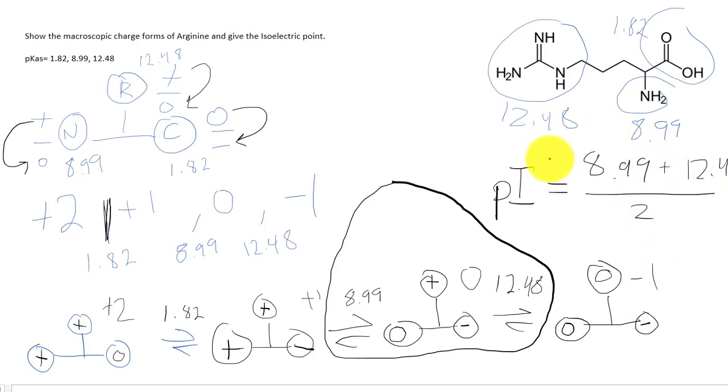And I get a pI equal to 10.735. That's the average of 8.99 and 12.48. So at a pH of 10.735, we are most likely to find a 0 charged arginine. So I hope that helps, folks. Thanks.